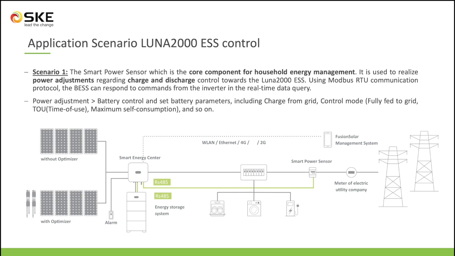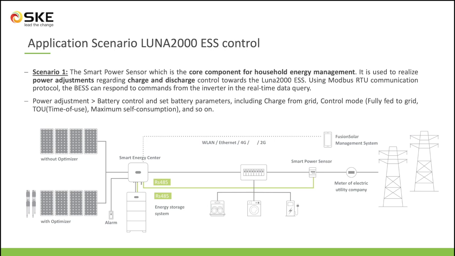The Luna 2000 can respond to commands from the inverter in real-time query. We have to mention that in order to provide this type of control and further to provide the commands to the Luna 2000, the power adjustment can be configured directly in our Fusion Solar management system. Here are the steps.